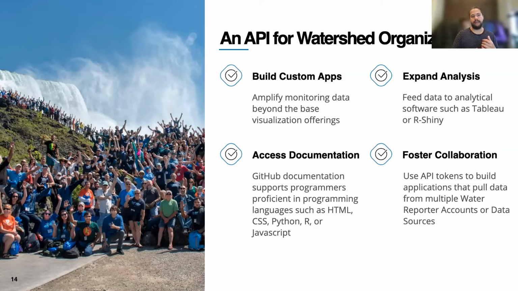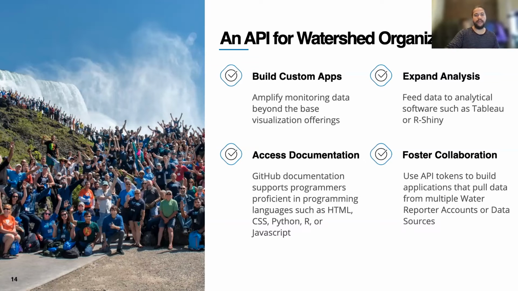So we found that the Water Reporter API is able to facilitate a lot of these regional efforts by bringing the data all into one place so that it can be analyzed, visualized, and whatnot. So those are really the four main pillars.